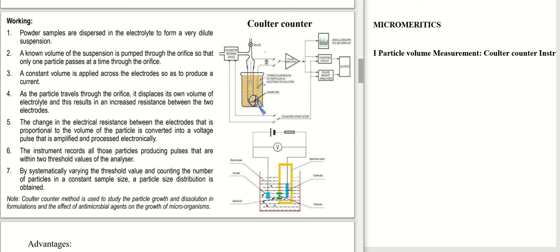The powder sample for which we need to determine the volume is to be taken, and we need to add electrolyte solution to get a dilute suspension.